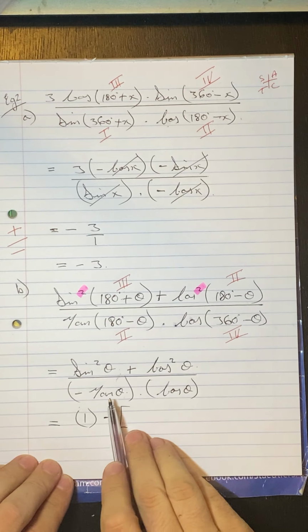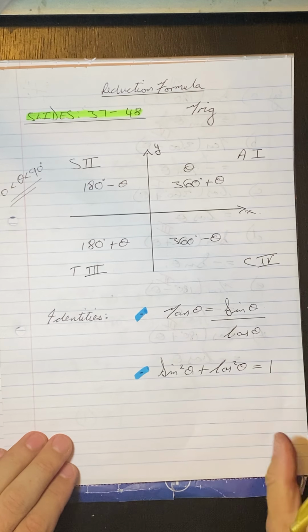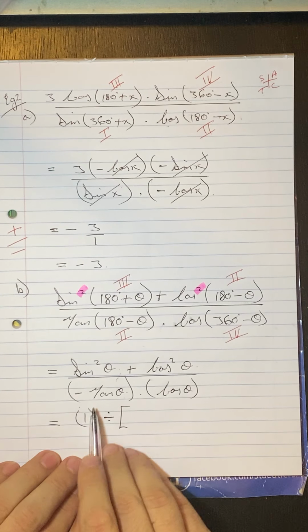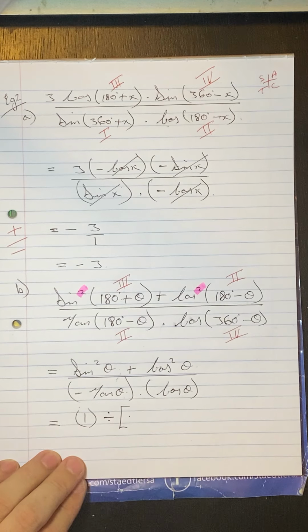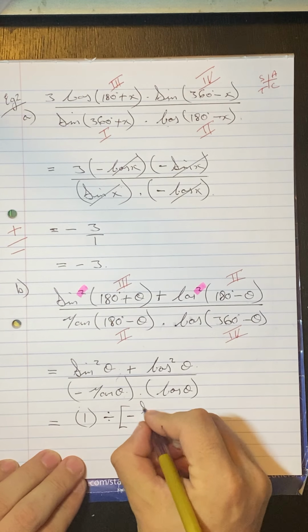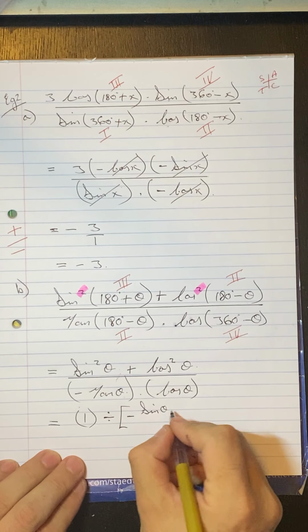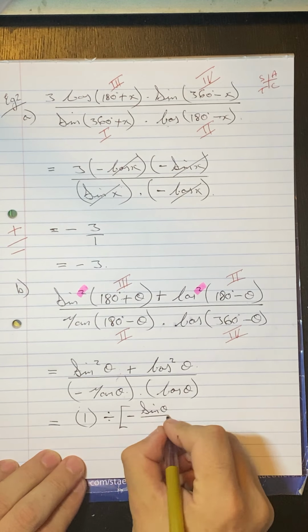We know that tan is equal to sine over cos, and it's going to be a negative. So we've got negative sine theta over cos theta, because I've just expanded my identity. Tan is equal to sine over cos, and this is multiplied by this cos over here, cos theta.